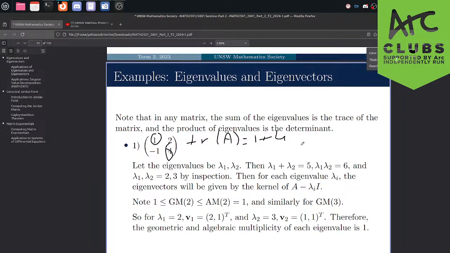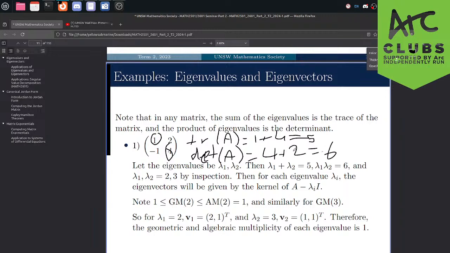And it just so happens that the sum of the diagonal entries, the trace, is also equal to the sum of eigenvalues. It turns out that the determinant of A, which you calculate by taking your normal determinant formula, so 1 times 4 minus 2 times negative 1, so 4 plus 2, that's 6.